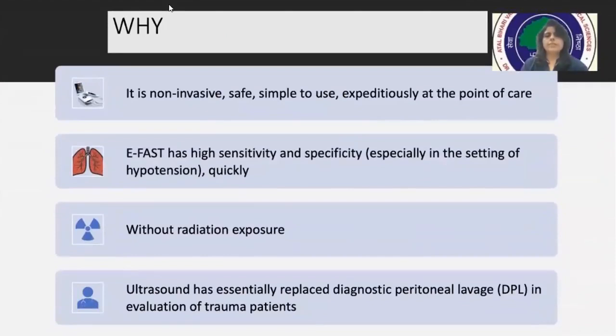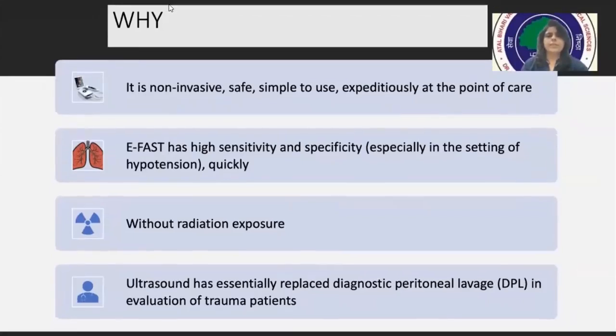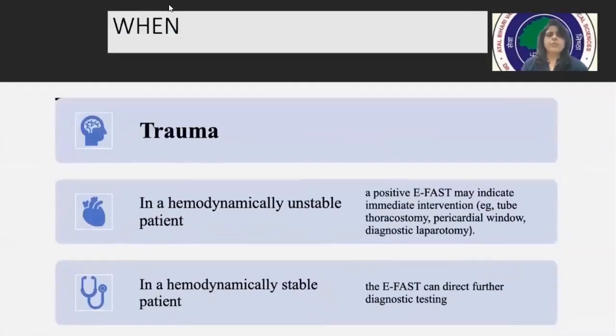So eFAST is a non-invasive, safe, simple-to-use procedure at the point of care. It is highly sensitive and specific without any radiation, and it has essentially replaced the diagnostic peritoneal lavage. This is basically not for eFAST, but it is mainly for FAST.